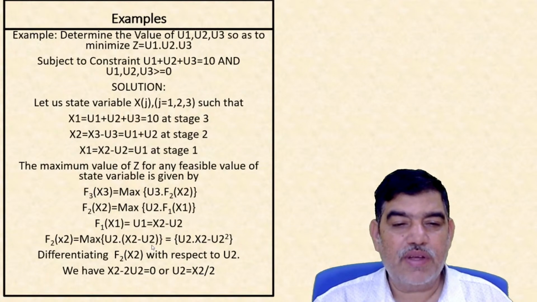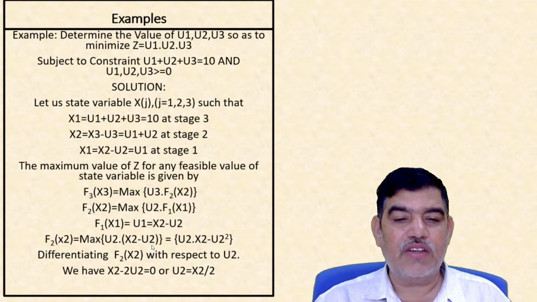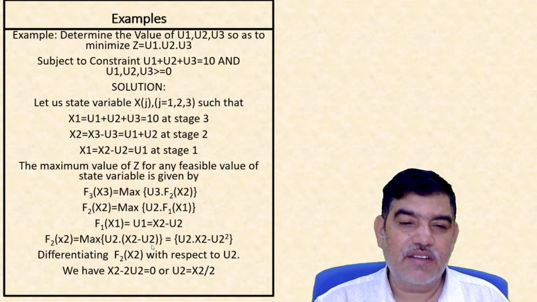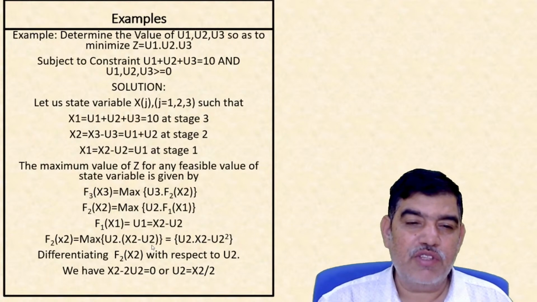Then if you multiply, what happens? u2 times x2 minus u2 square. If you expand the bracket, u2 is multiplied with x2, it becomes u2 into x2, and u2 into u2. u2 into u2 means u2 square.